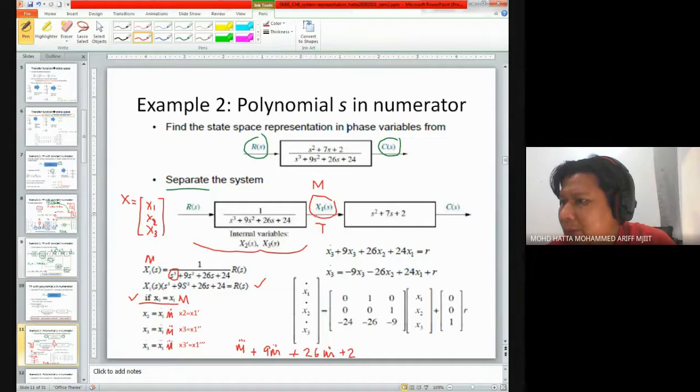So here maybe we select M for x1 of s. So I finish the equation: x1, this is M, 24 times M equals R. Okay, this is basically our equation based on what we have over here.